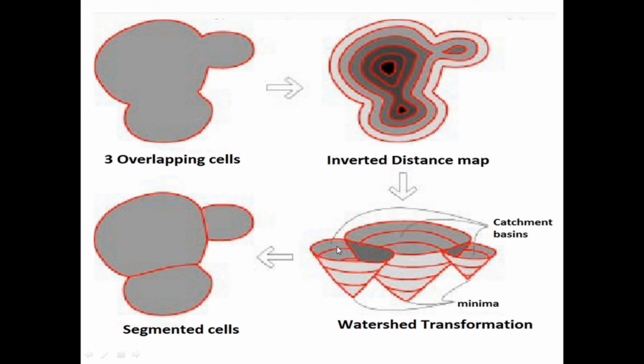So I have said that there are three objects. During the watershed transformation, I will have three holes here, here and here.